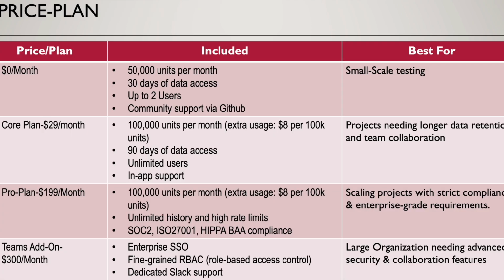This is basically the price plan, where we can see that we have a free price plan also. For small scale testing, it's very beneficial, but once your usage increases, then they have a different price plan. If you go for the pro version, then you have increased data security also.